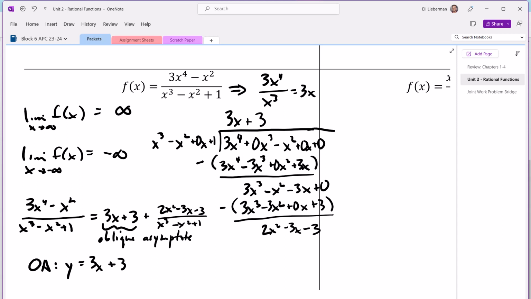By definition, it's got to be right, because you keep dividing.